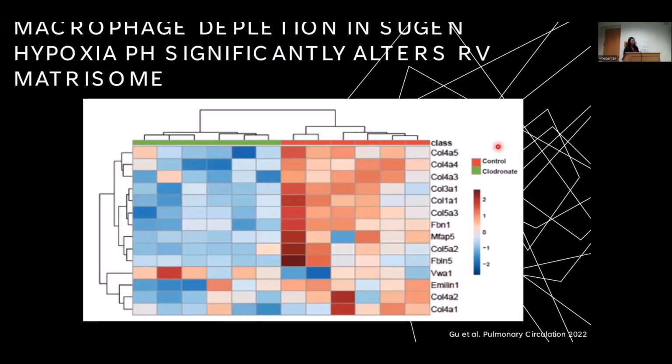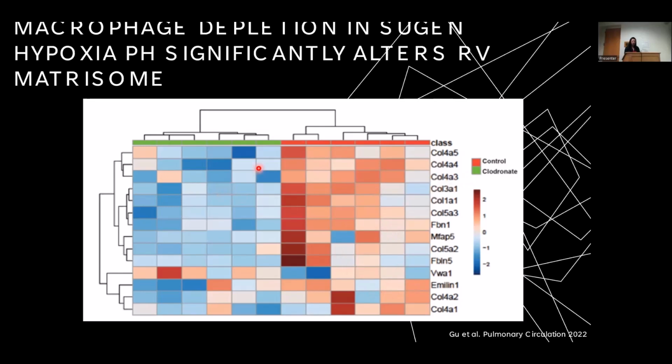And then we saw that in the extracellular matrix component, or the right ventricular matrisome, of these rats, the macrophage depletion significantly altered the right ventricular matrisome. In control rats, meaning they got Sugen but then got just PBS liposomes and not the macrophage removal, there were higher levels of all of these collagens as well as these other extracellular matrix proteins.